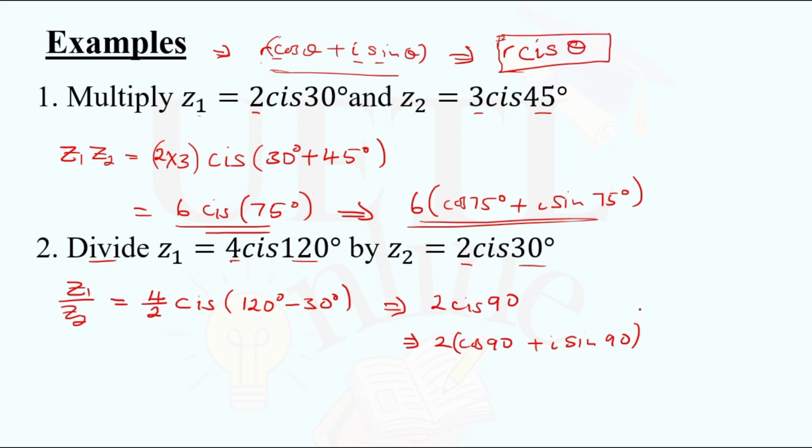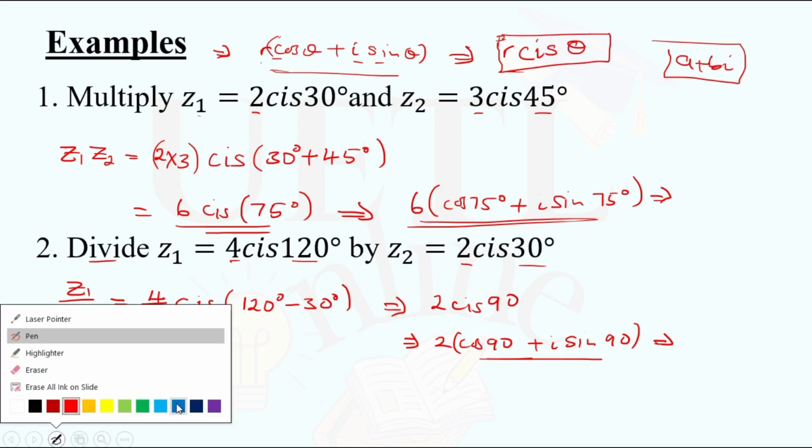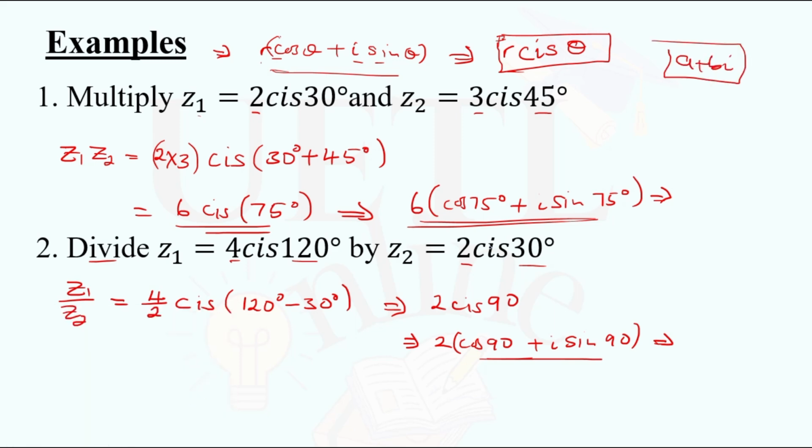Now after this, sometimes you may be asked to change this back to the form a plus bi, which is the standard form. Changing this back, you just have to take this part and use your calculator to get your answer. Then this becomes a. Then you take this 6 and this part, and this answer becomes your b.